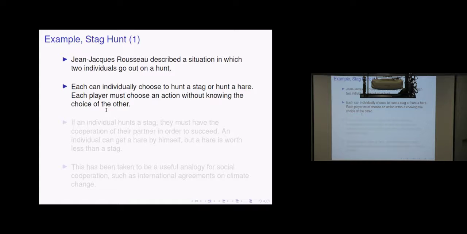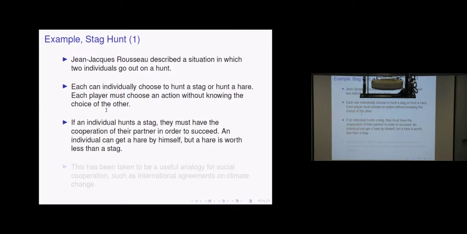So each player must choose an action without knowing the other one's choice, right? So if an individual hunts a stag, they must have the cooperation of their partner, because it's difficult to catch a deer. So you need both of them to target the deer. But an individual can get a hare by himself.